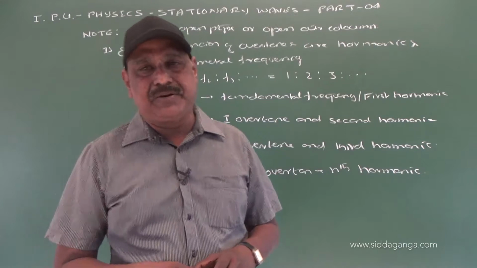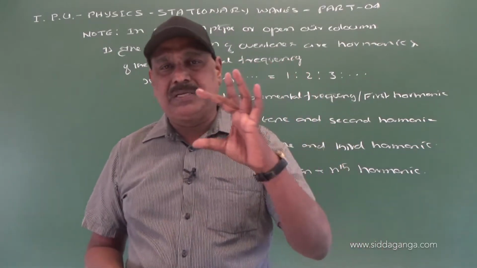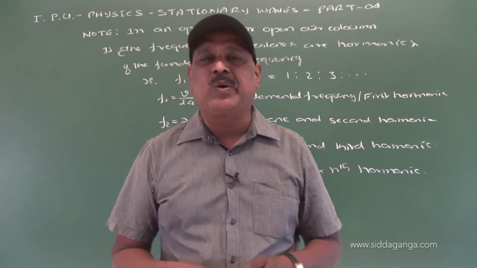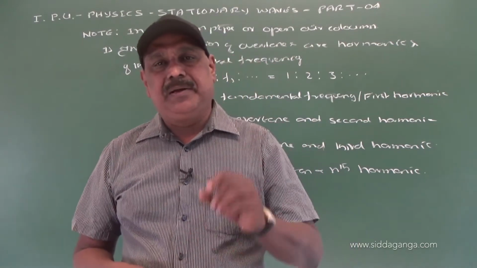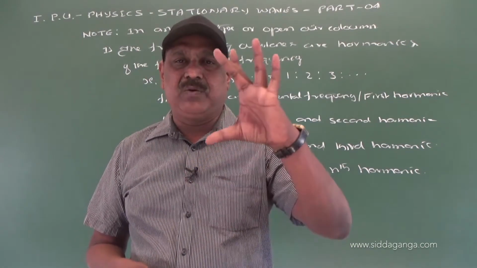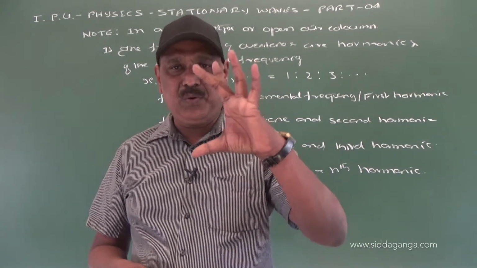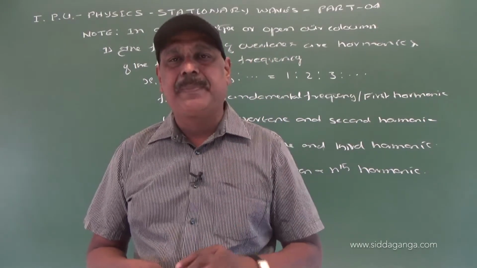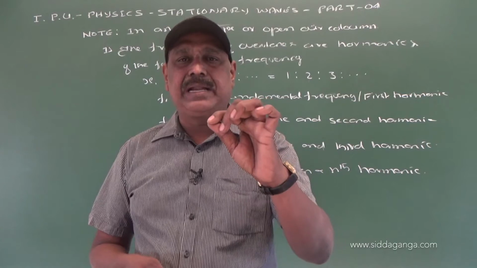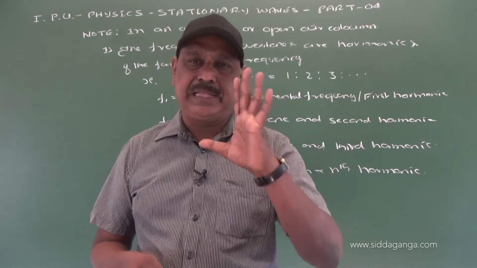Also remember that even in the case of open pipe, in the fundamental mode of vibration, the minimum possible number of nodes and antinodes are formed. That is, the minimum number of antinodes is 2 at the two ends of the open pipe and one node between them.